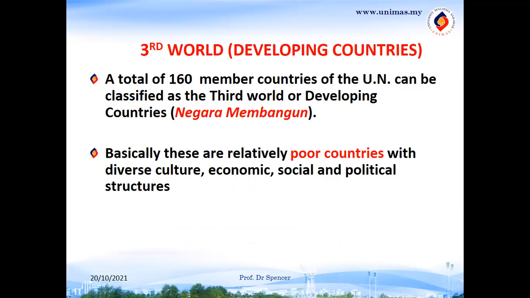Now, basically, these are relatively poor countries, kalau dibandingkan negara-negara yang sudah maju, with so many diverse cultural, economic, social, and also political structures. Sangat-sangat berbeza, pada masa yang sama juga mempunyai persamaan.